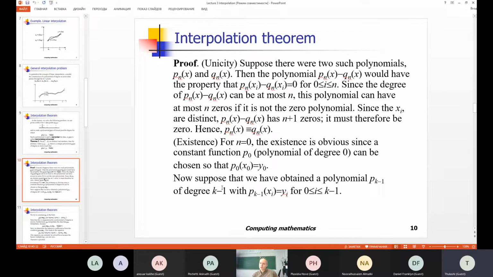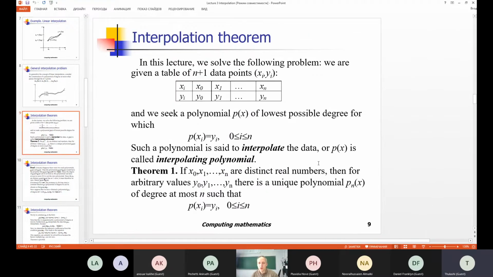Now let's suppose that we have a polynomial of degree k minus 1 with the property that P_{k-1} of xi equals yi for all the points from 0 to k minus 1. So we take the first k points, and we build a polynomial using these points.